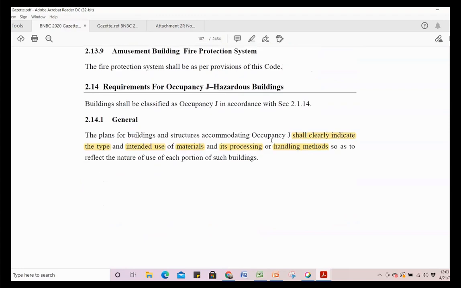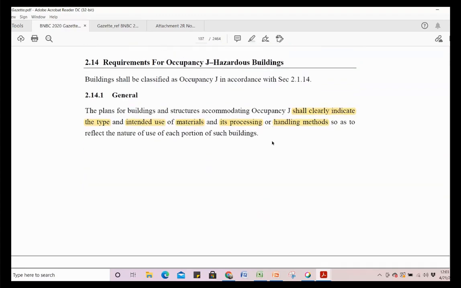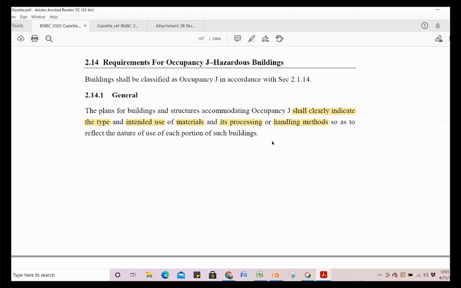Now comes the hazardous occupancy, occupancy J. The plans for buildings and structures accommodating occupancy J shall clearly indicate these points.